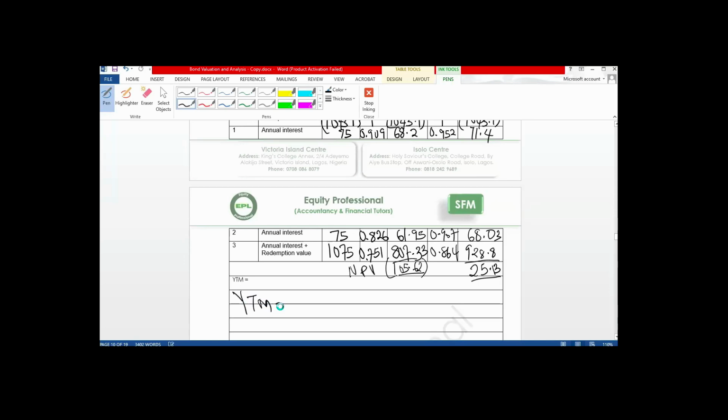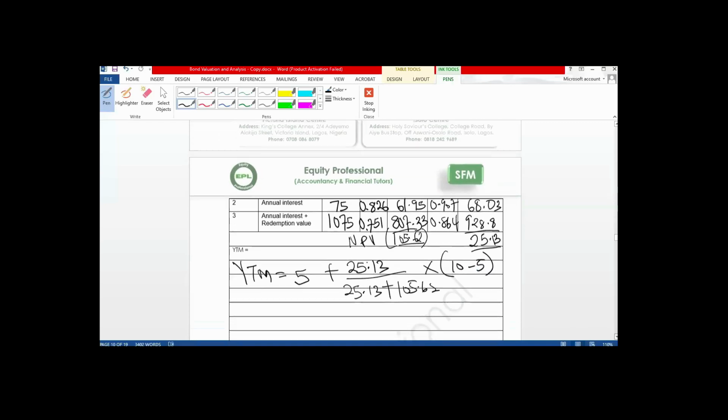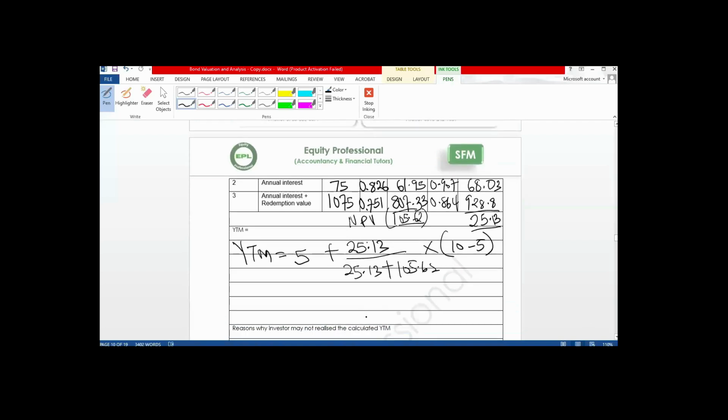YTM is equal to, the same way you calculate internal rate of return, you are going to start with the low discount rate plus positive NPV over positive NPV plus negative NPV, 105.62, multiplied by 10 minus 5. Please, what is the YTM? 5 point what?